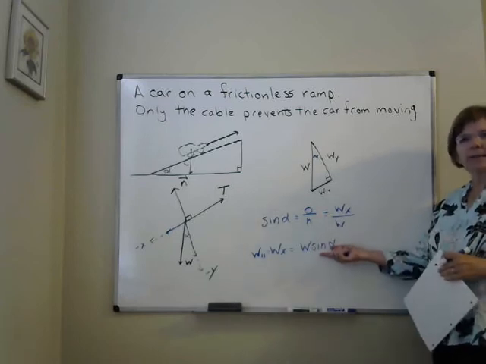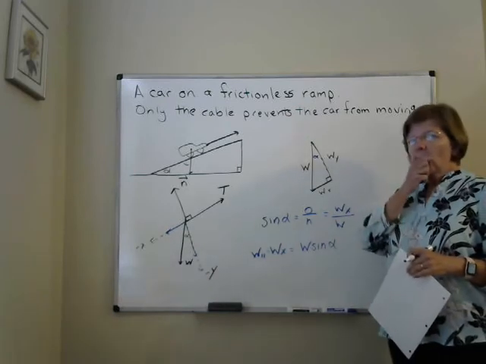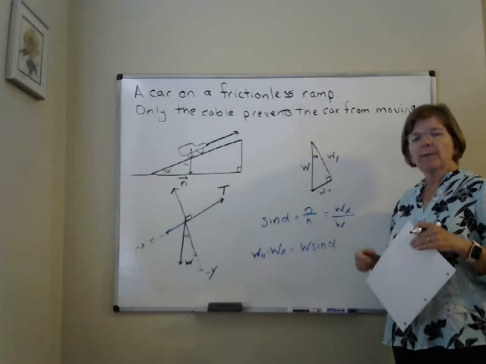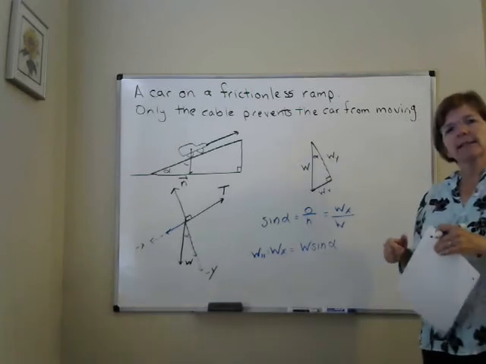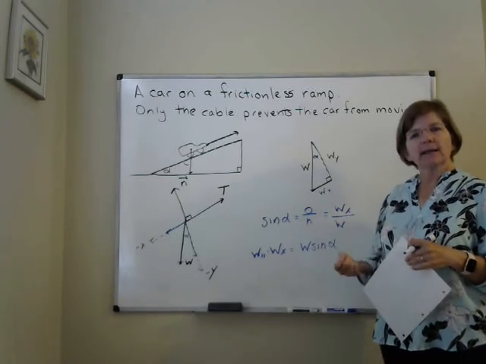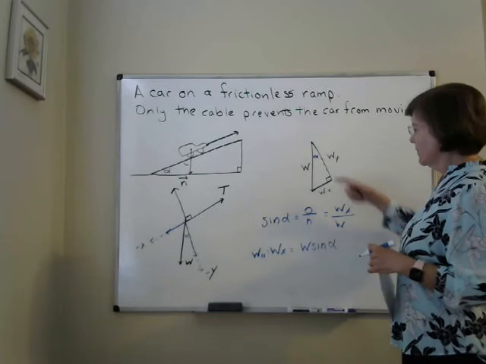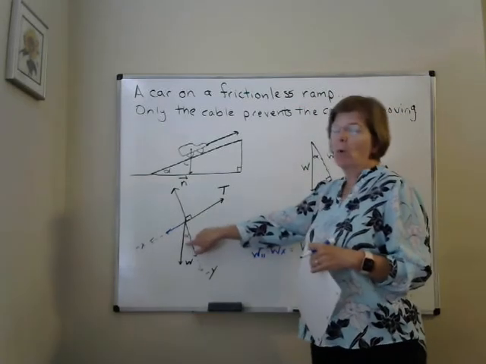That's different. In every other application in this book, we're measuring angles from the positive x-axis. Well, if we measure angles from the positive x-axis, then the x component is cosine theta. But this is not being measured from the positive x-axis. In fact, it's being measured from the y-axis.